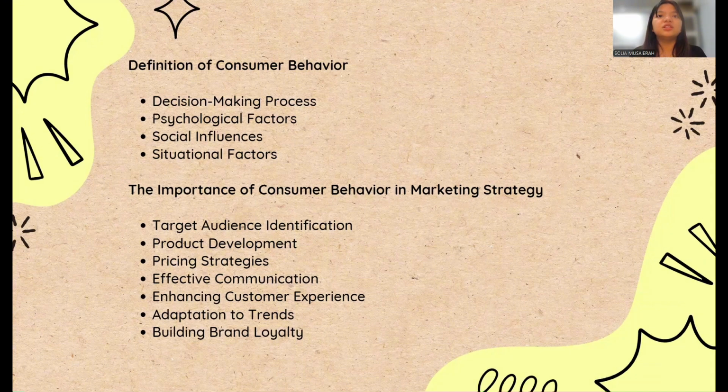And next is the social influences. Friends, family, and social networks as well as broader cultural norms shape what we buy and why. Situational factors. These are external conditions like the shopping environment or time constraints that influence our decisions.